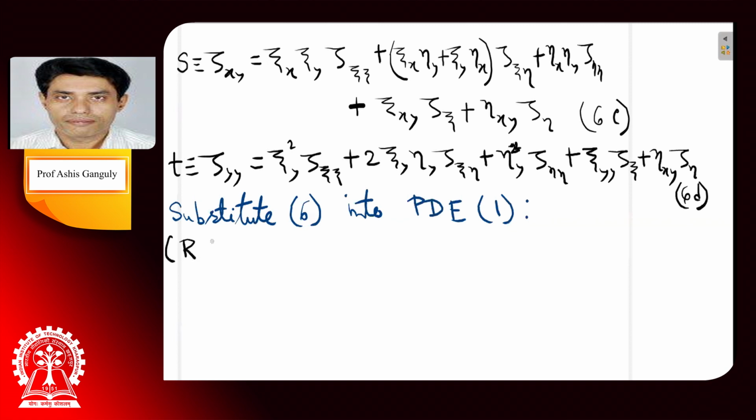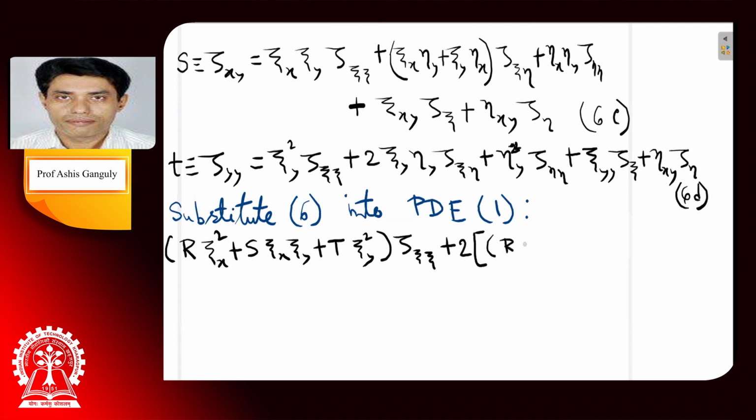So the first coefficient, of zeta xi xi, will be r xi x square plus s xi x xi y plus t xi y square, times zeta xi xi. The next term will be 2, it is zeta xi eta.